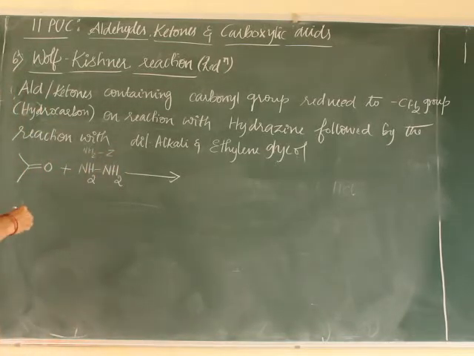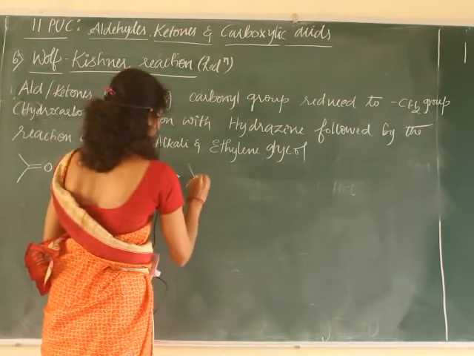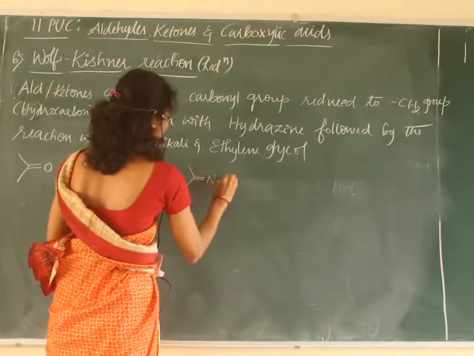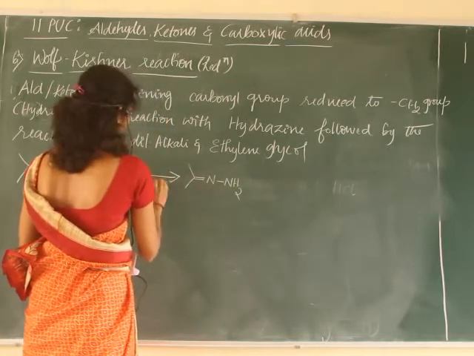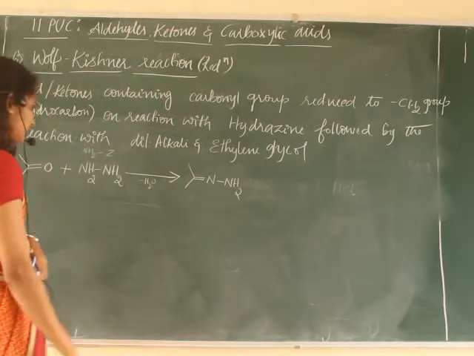Hydrazine forms a hydrazone, with C double bond N NH2 as intermediate, with removal of water.